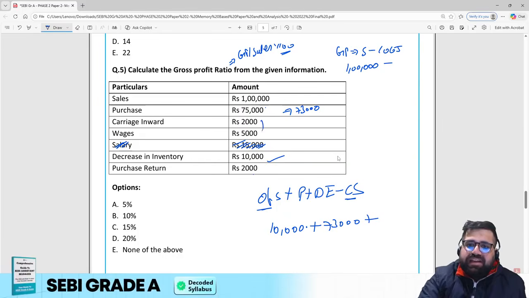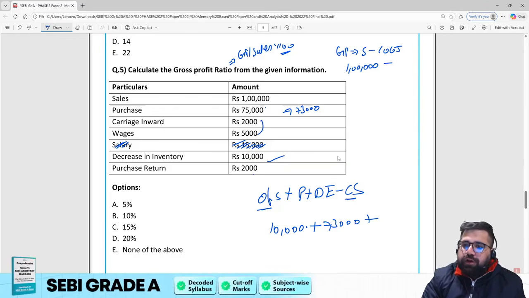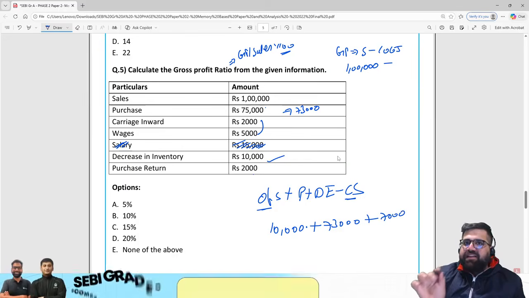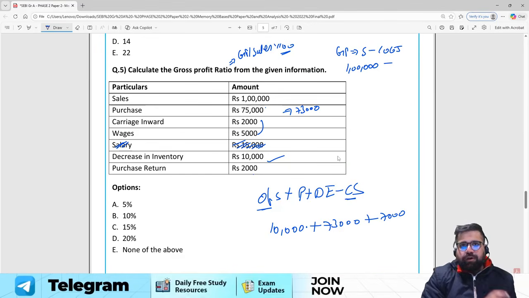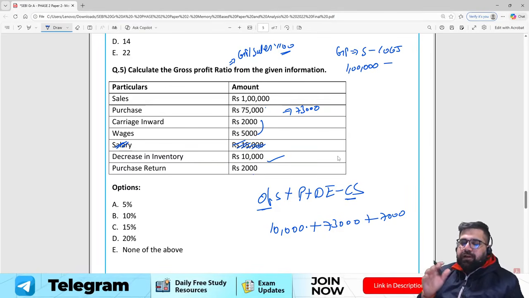These are two direct expenses which you will take into the account. So this will be 7,000, 5 plus 2. Will we take salary? Salary is not a direct expense. Remember this. Salary, marketing expense, office administration, office rent, office water bill: these are all operating expenses, but these are indirect. These are not direct costs. Right? So if you do this, your COGS will come out as what?